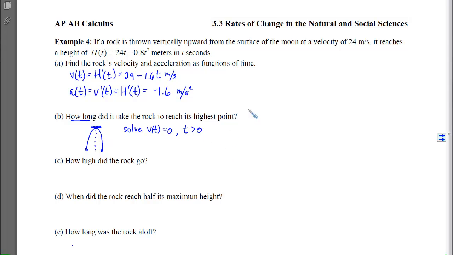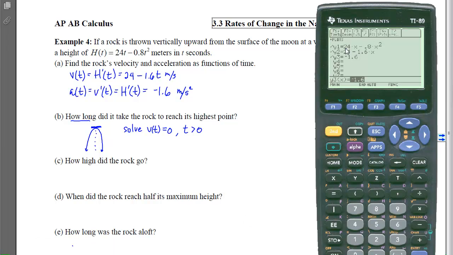So I'm going to pull out the calculator so you can see how that works. And in the calculator, I have put the position function in y1, the derivative or the velocity in y2, and the second derivative or the acceleration in y3. So if I want to solve for when the velocity is 0, I'm looking for when this y2 is 0.